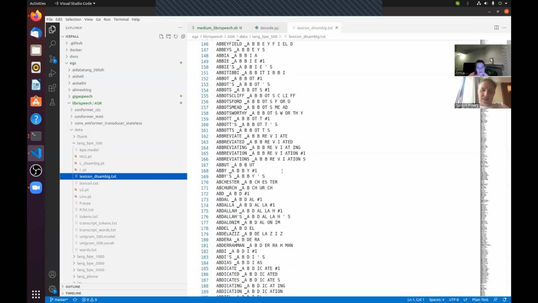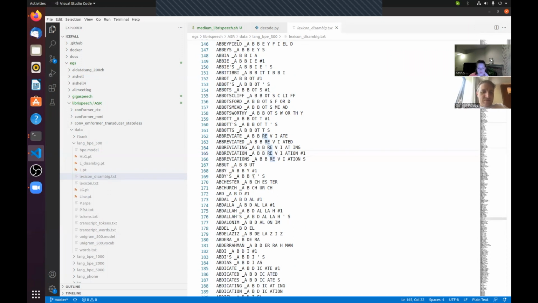These #1 things, they're not just for where you have two things with the same pronunciation, like homophones. They're also for where one word is a prefix of another. So here, abbreviation, you can end the word there, but you can also add an S. And to keep the thing determinizable easily, we need these pound sign disambiguation symbols.